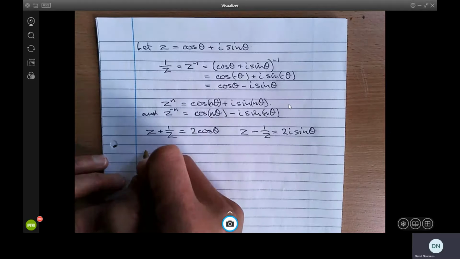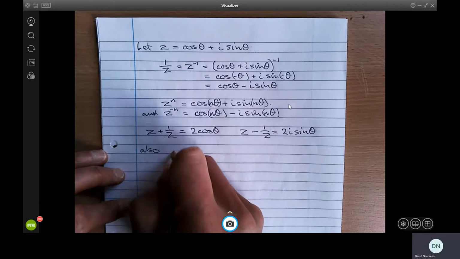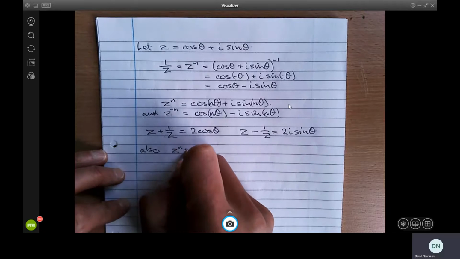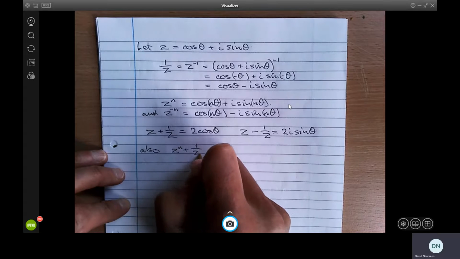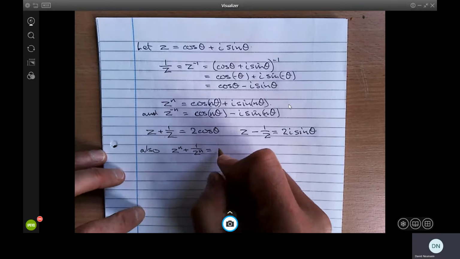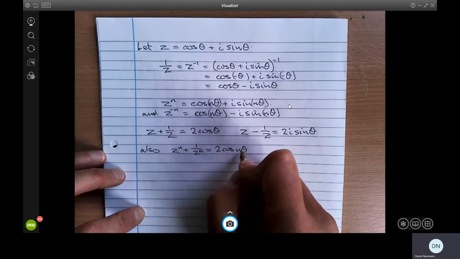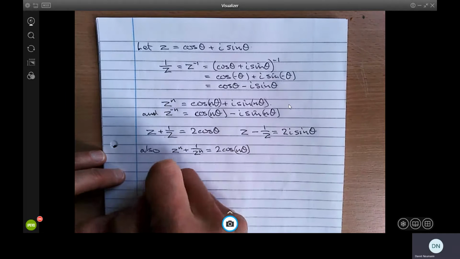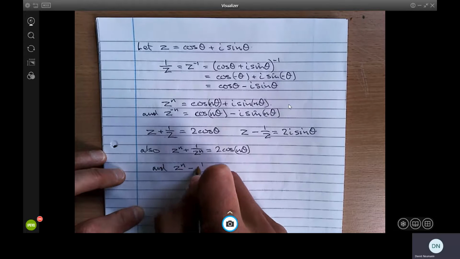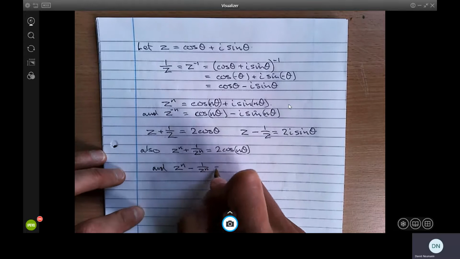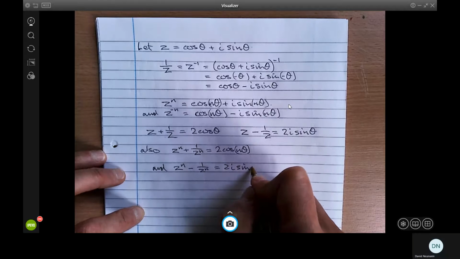We've also got Z to the n plus Z to the minus n, or 1 over Z to the n, is equal to 2 cos of n theta, and Z to the n minus 1 over Z to the n is equal to 2i sine of n theta.